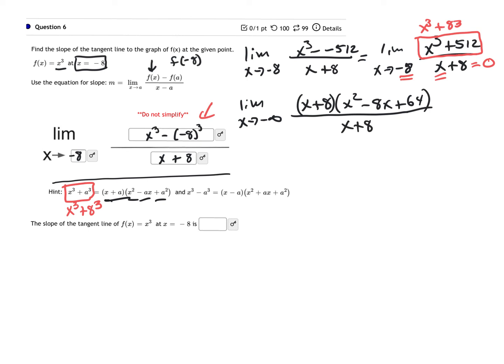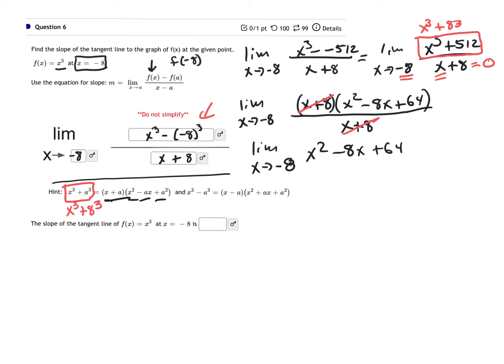So now I can cancel that with that, and I get the limit as x approaches -8, and I keep writing infinity instead of 8 there. I've got to make that into an 8, of x squared minus 8x plus 64.